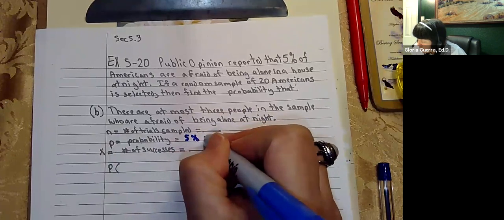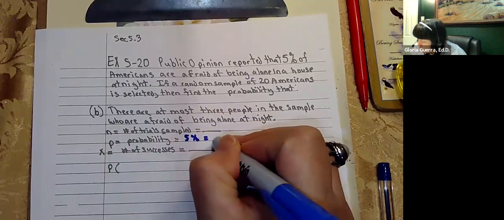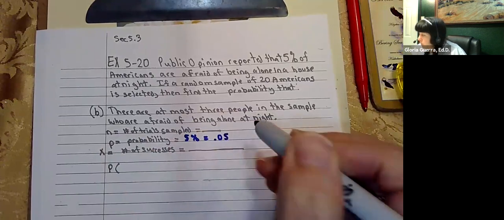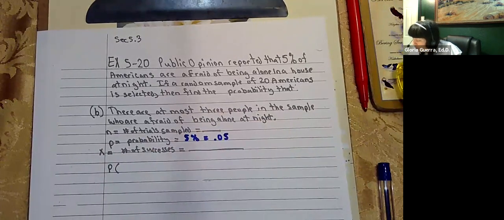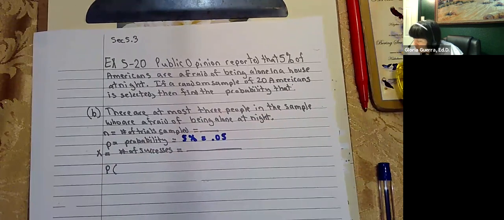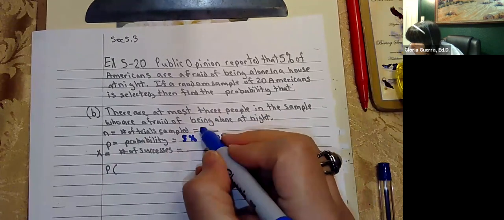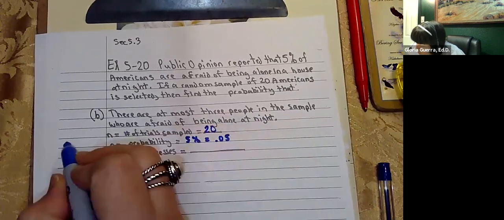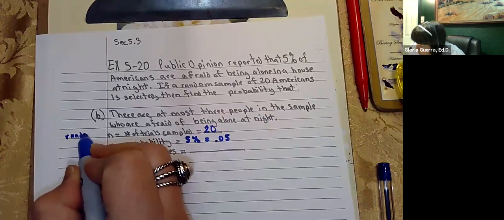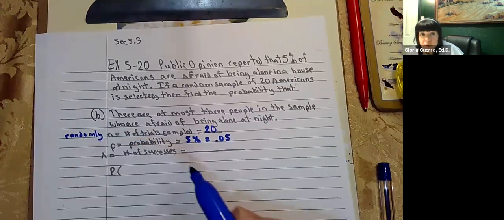And when you move your decimal over 2 places to the left, that is 0.05. And then it says that if a random sample of 20 Americans is selected, okay, that's your N, the number of trials, and the keyword is randomly, right? 20.